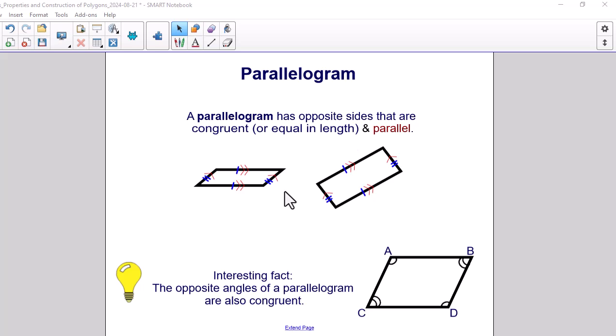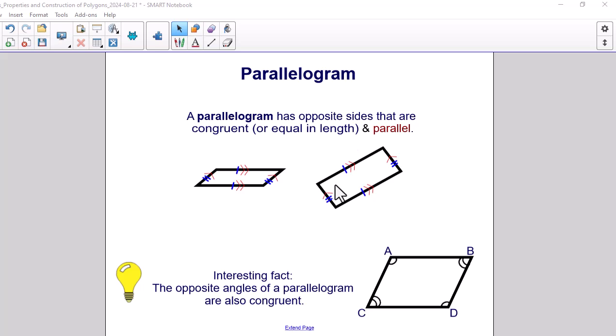If I go left and right, you'll notice that on the left side, there's a double blue marking on both the left and right side, indicating that those two sides are congruent, equal in length, and you'll see a single red arrow on the left and right, indicating that those opposite sides are also parallel. Since the opposite sides are congruent and parallel, this meets the definition of a parallelogram.